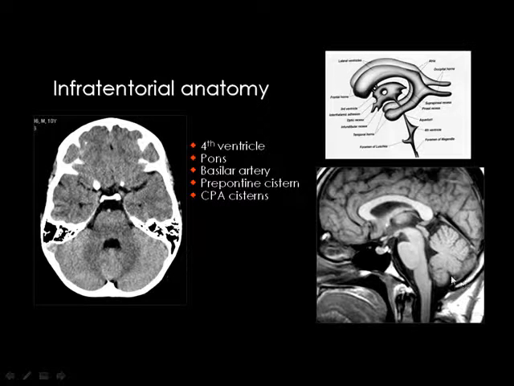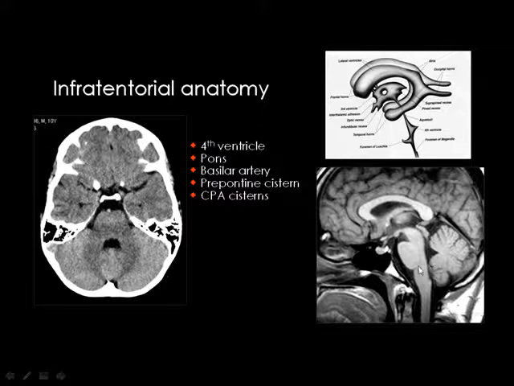The fourth ventricle is big in its middle part, and it becomes smaller lower down, and also becomes smaller in the upper sections. When the fourth ventricle is large, you see the largest part of the brainstem anterior to it.